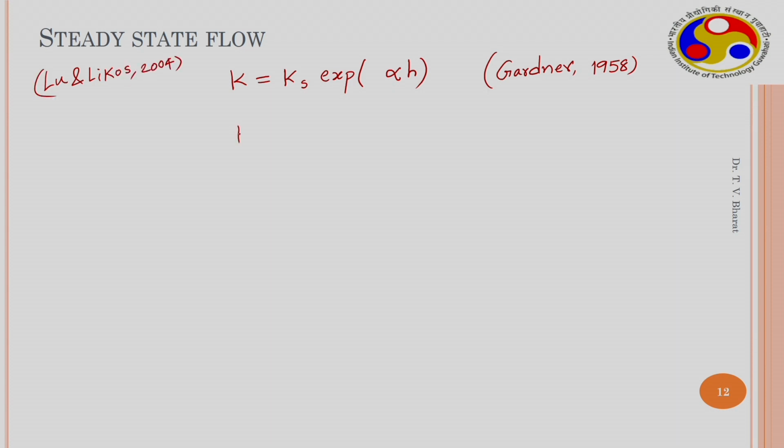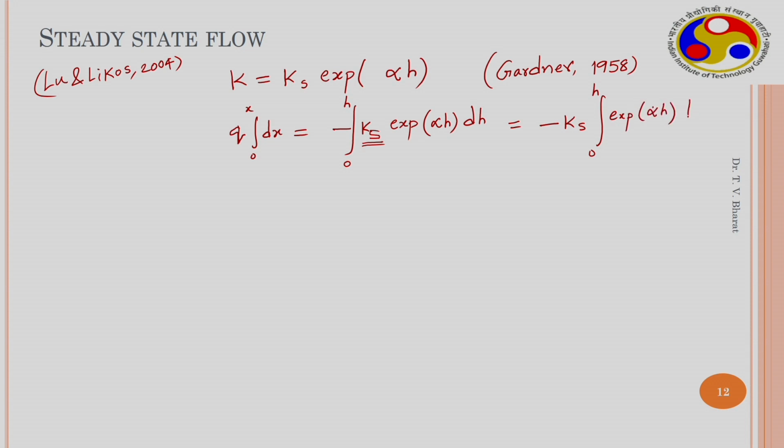When you substitute, you get q dx, with x varying from 0 to x, equal to minus, for K, if you substitute this expression, Ks times exponential of alpha h dh, where h varies from 0 to h. Ks anyways is a constant, so you can take it out. So minus Ks integral 0 to h exponential of alpha h dh.